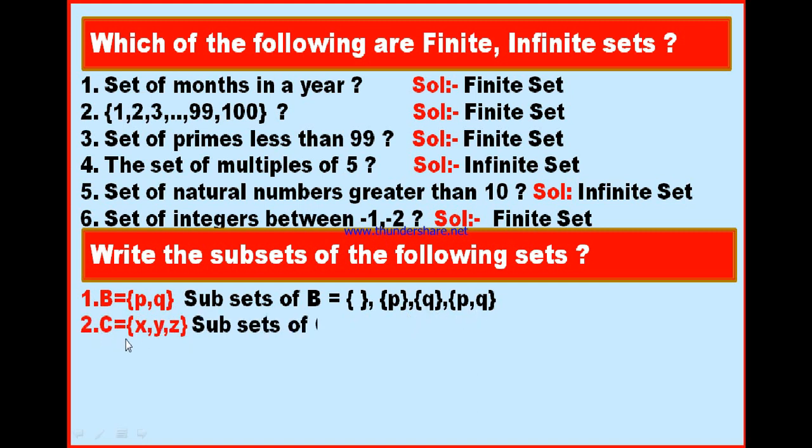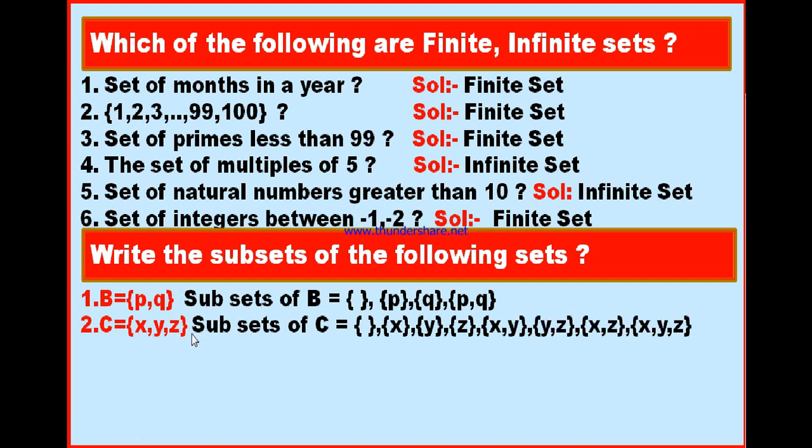Second one, C is equal to the set {X, Y, Z}. Then the possible subsets of C are, first an empty set, next the set with first element X, the set with second element Y, the set with third element Z. You see, empty set, set of first element, set of second element, set of third element.